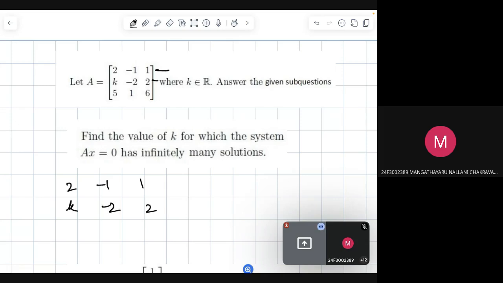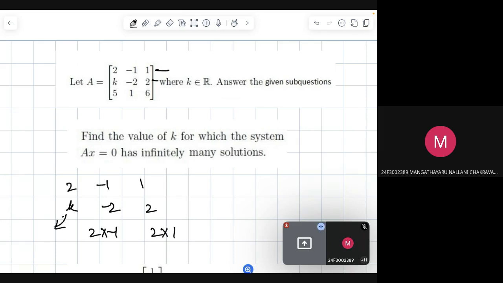For infinitely many solutions, one of the rows will come out as a linear combination of some row. This is already 2 into minus 1, and this is already 2 into 1.